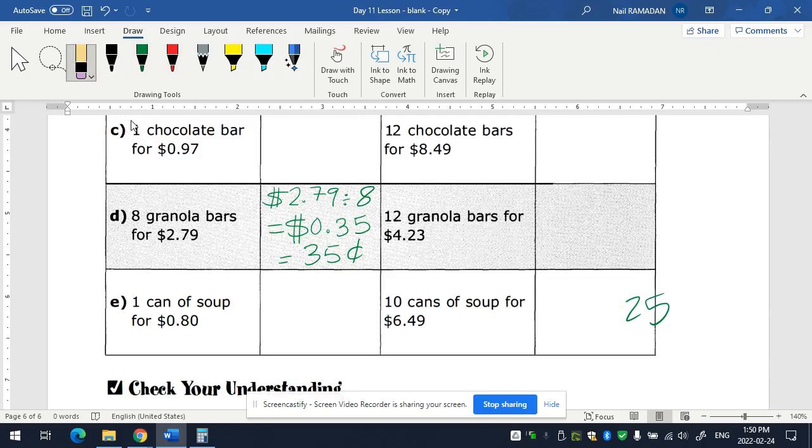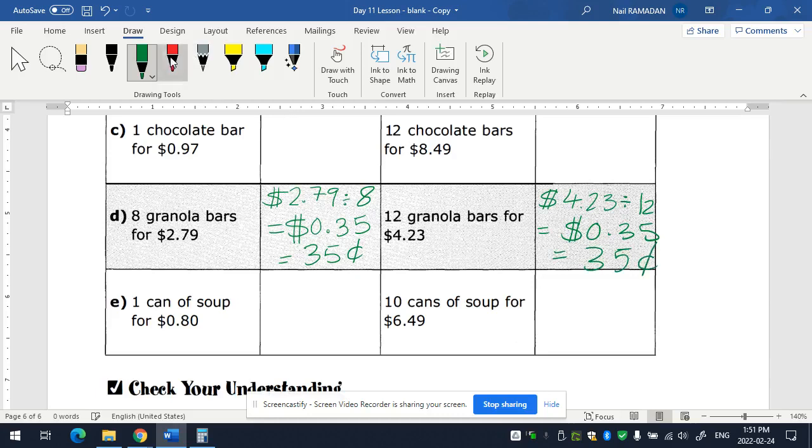But if you want to take the idea that what we just did and say this one is smaller because the original numbers are slightly less, I can't say you're wrong. So 423 divided by 12, which was 0.35, which was 35 cents. So just for today, I'm going to say check, check. Doesn't really matter which store you go with.